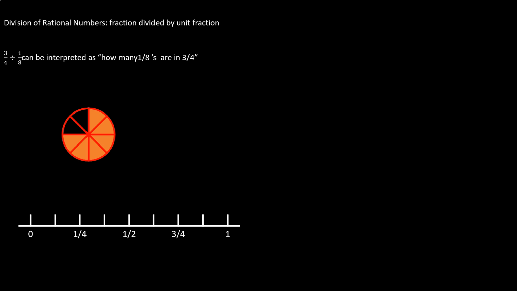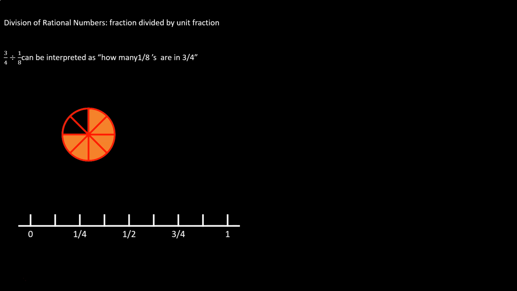What about if we have a fraction divided by a unit fraction, like 3/4 divided by 1/8? We can still interpret this the same way. How many 1/8 are inside of 3/4? Well, we start with 3/4, and then we cut on the same circle 1/8. And then we just need to count how many of the 1/8 there are.